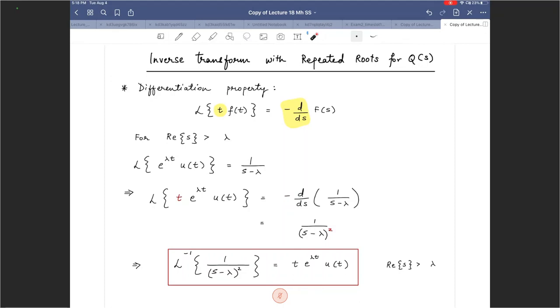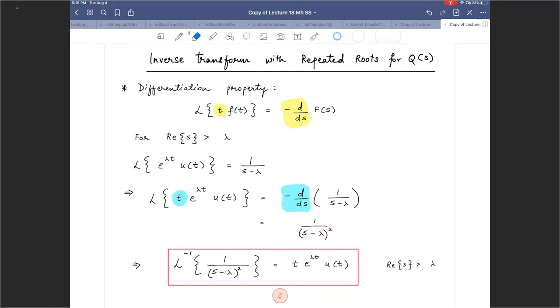Now, what would happen to this when we multiply in the time domain by t? When you multiply e to the lambda t u of t by a factor t in the time domain, we know from the differentiation property that I'm going to have to differentiate in the s domain with respect to s, with a minus sign as well.